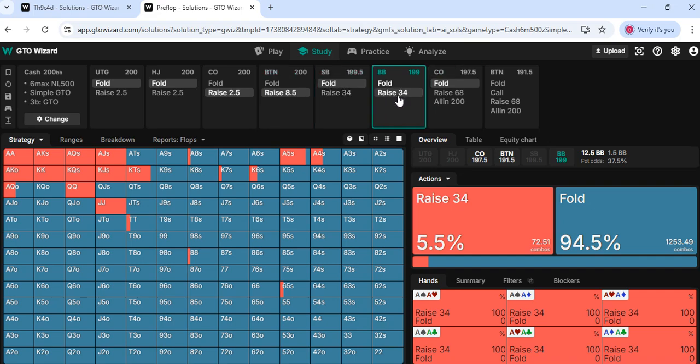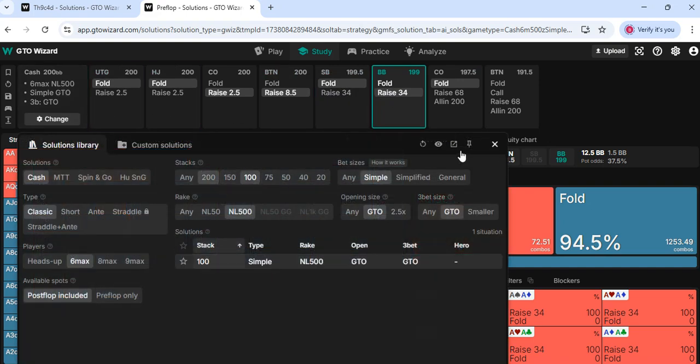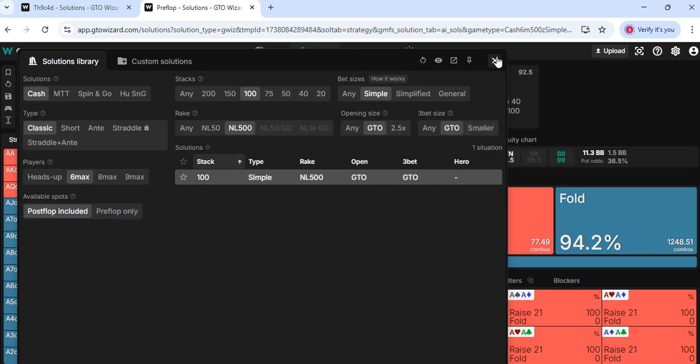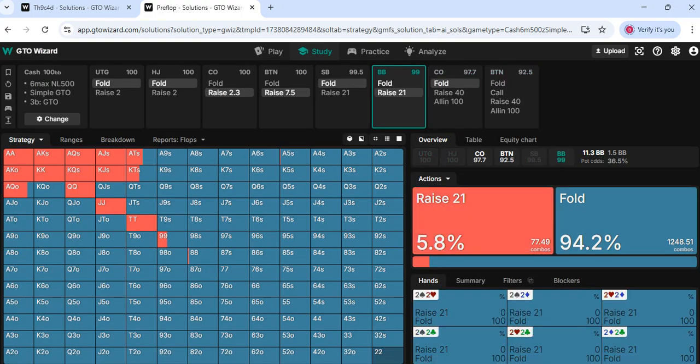You want to go bigger sizing with your cold 4-bets because you want to hit target SPRs, stack to pot ratio. It's very important that you hit your target SPR. So when you're deeper, you go bigger. But we are around 100 big blinds deep, so he goes 20, which is still on the low side, but good enough. And we take a flop.